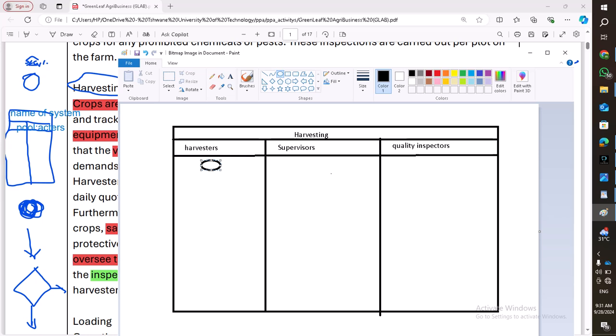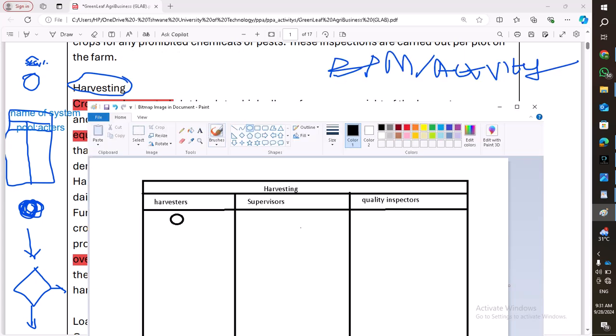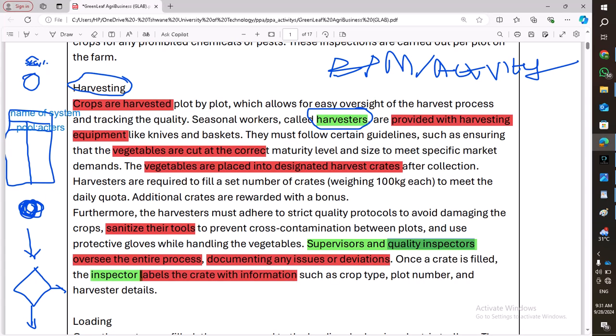The harvester triggers the system. I want to make it small so that everything can be accommodated here. After the system is triggered, this person starts the process. What does the harvester do? The harvester checks whether the crops are ready to be harvested.